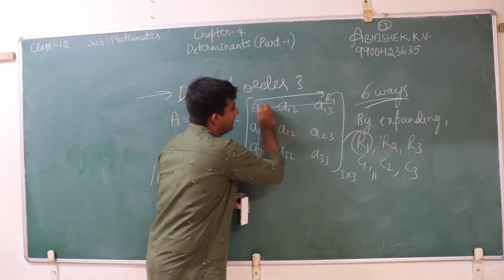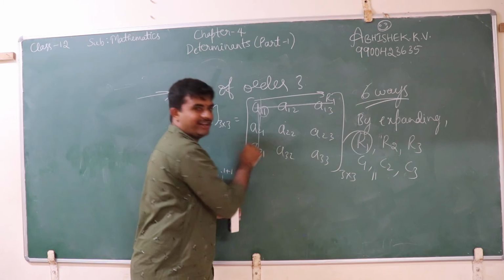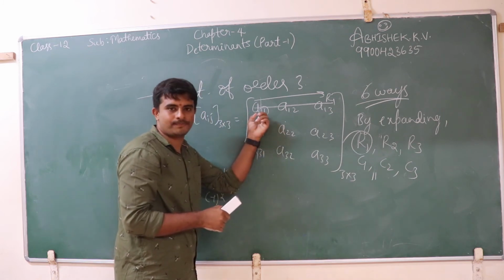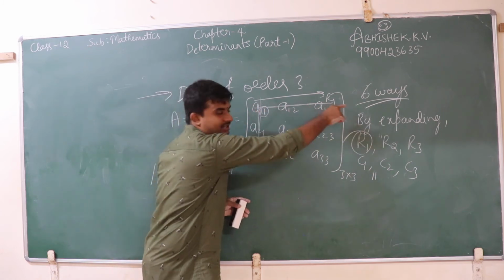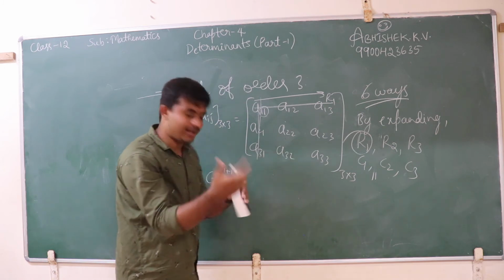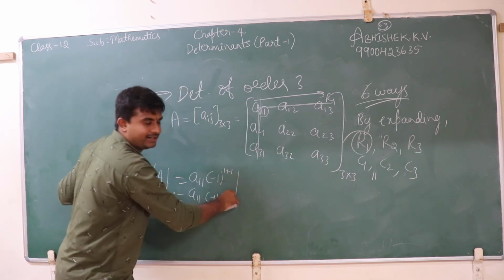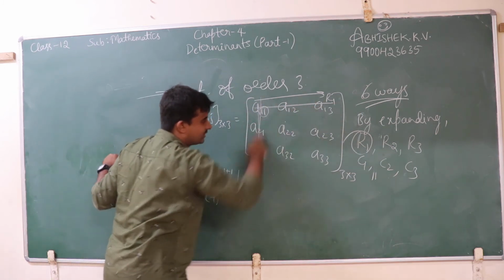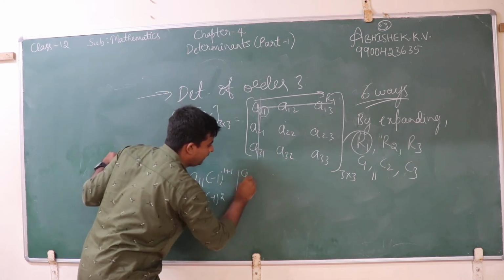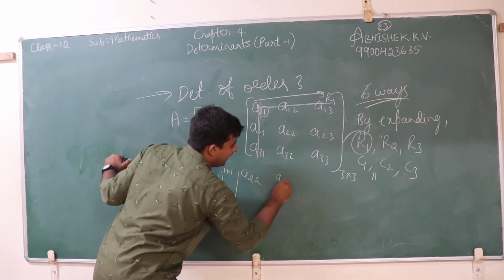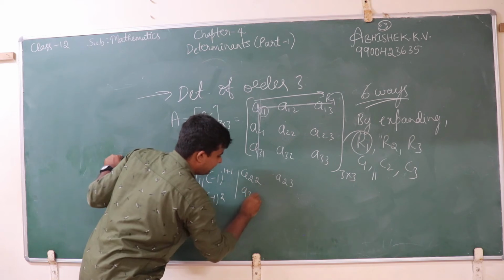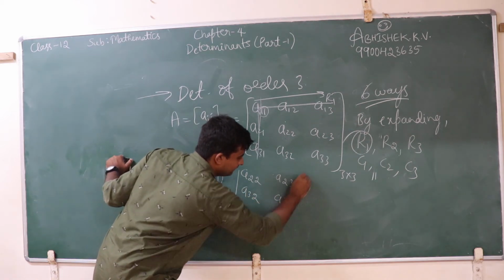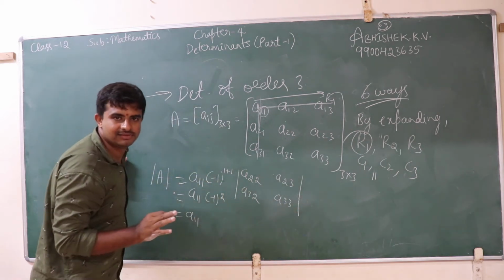So you should delete the respective row and column which contain the suffix. The first row gets cancelled, the first column gets cancelled. You are remaining with the determinant of A22, A23, A32, A33. Is it clear?